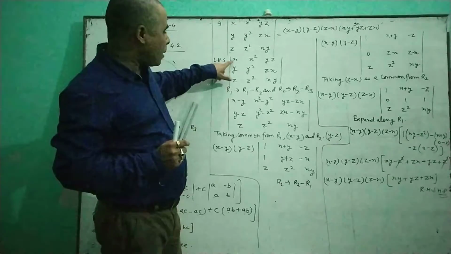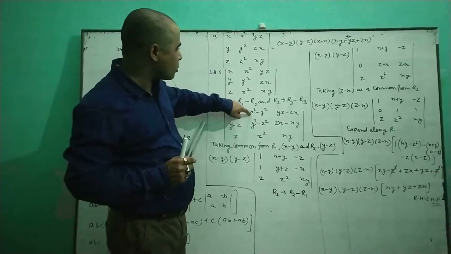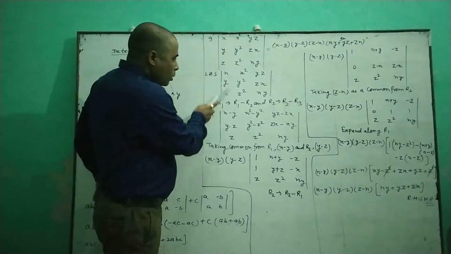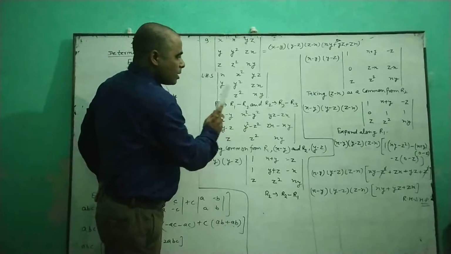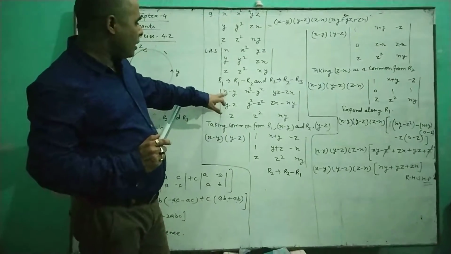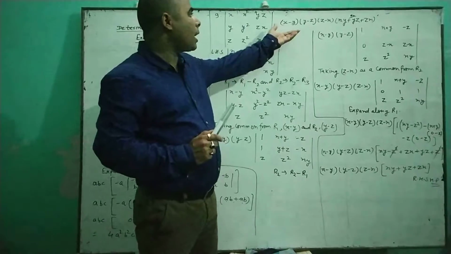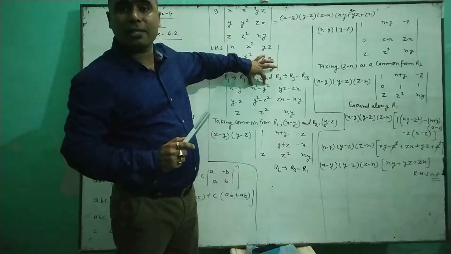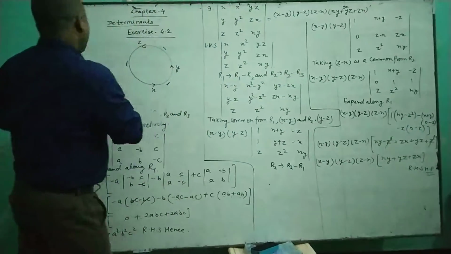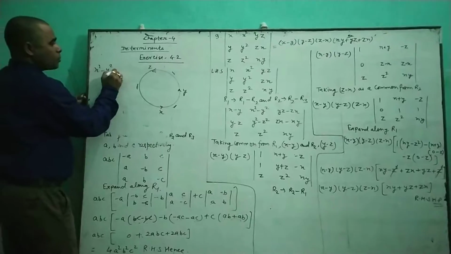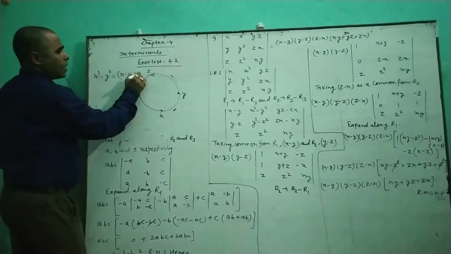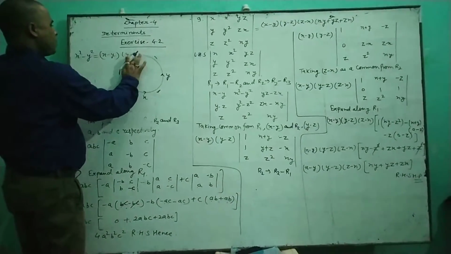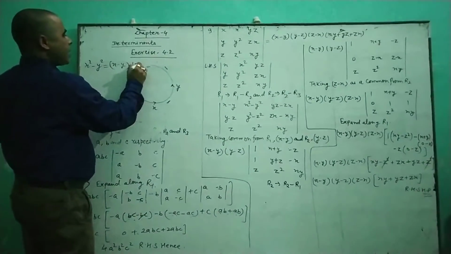Now for x minus y we write x square minus y square, yz minus zx. Then for the second, y minus z, we write y square minus z square, zx minus xy. Now how can we find the common factor? x square minus y square is like a square minus b square, which is a minus b and a plus b, so x minus y and x plus y.